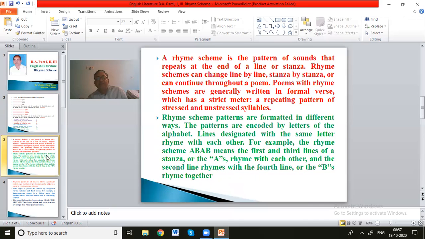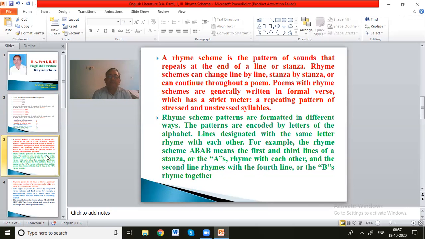Poems with rhyme scheme are generally written in formal verse with a strict meter, which we read about in the second video: a repeating pattern of stressed and unstressed syllables. Stressed syllables are those which are pronounced with more effort, and unstressed are those which are pronounced without effort.